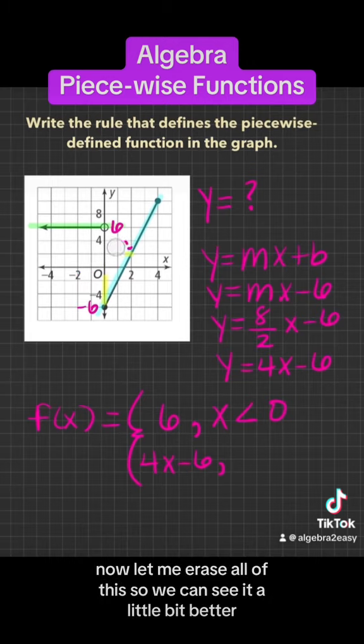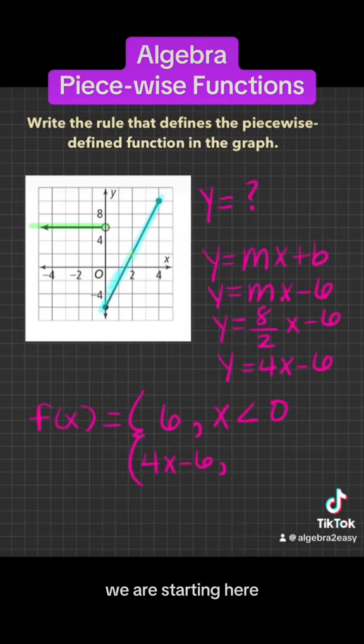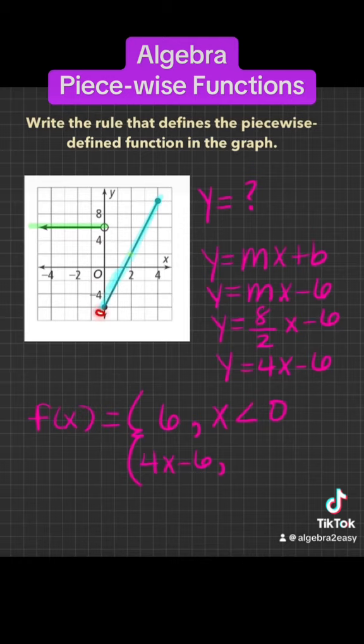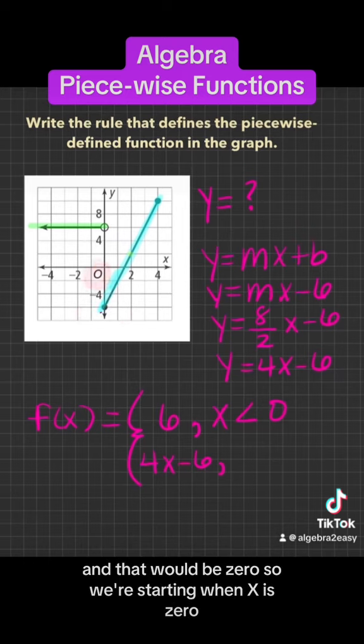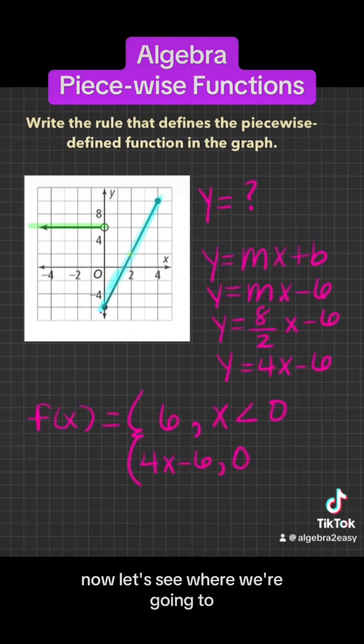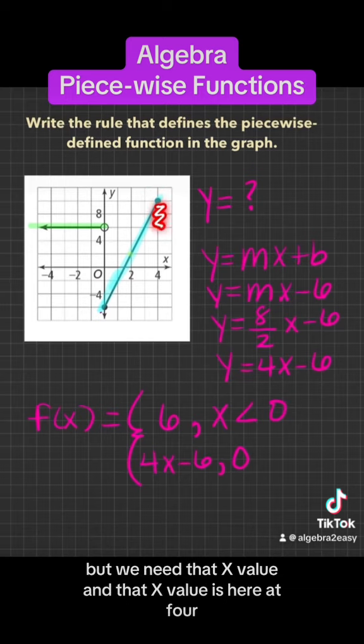Now let me erase all of this so we can see it a little bit better. We are starting here, but we need the x value of this, and that would be 0. So we're starting when x is 0. Now let's see where we're going to. If we look, the end of this point is here, but we need that x value, and that x value is here at 4.